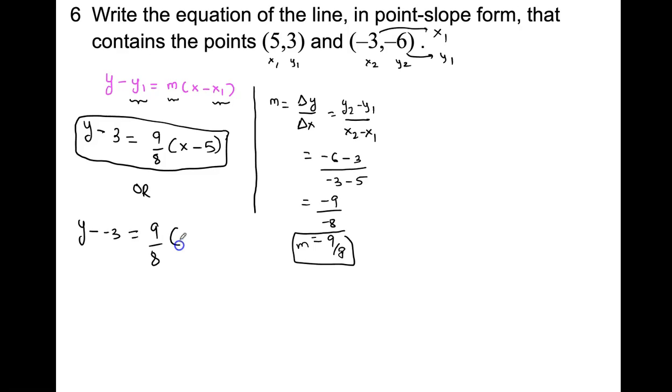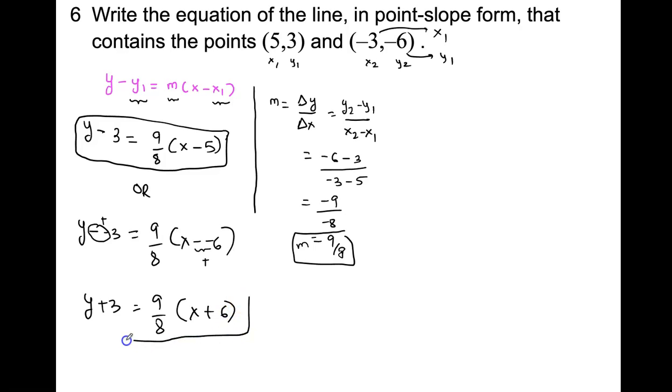The slope will be the same, x minus negative 6, so these two signs will change to positive. So another answer is y plus 3 is equal to 9 over 8 times x plus 6. So I have two equations in point slope form for this question, so there can be two answers for this problem.